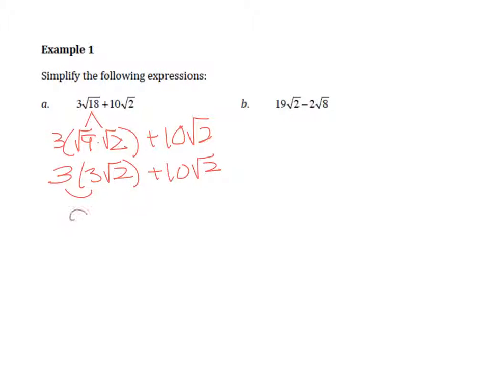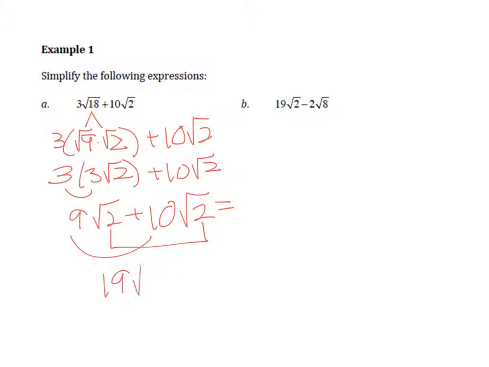The 3's get multiplied, so we get 9 radical 2 plus 10 radical 2. We got like radicals, so the only thing that gets combined are the 9 and 10. So in effect, we get 19 radical 2 as our final output.